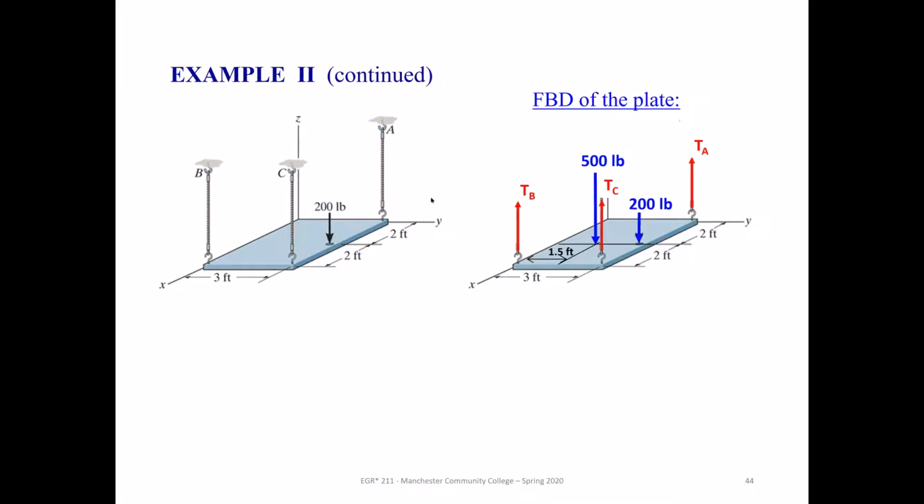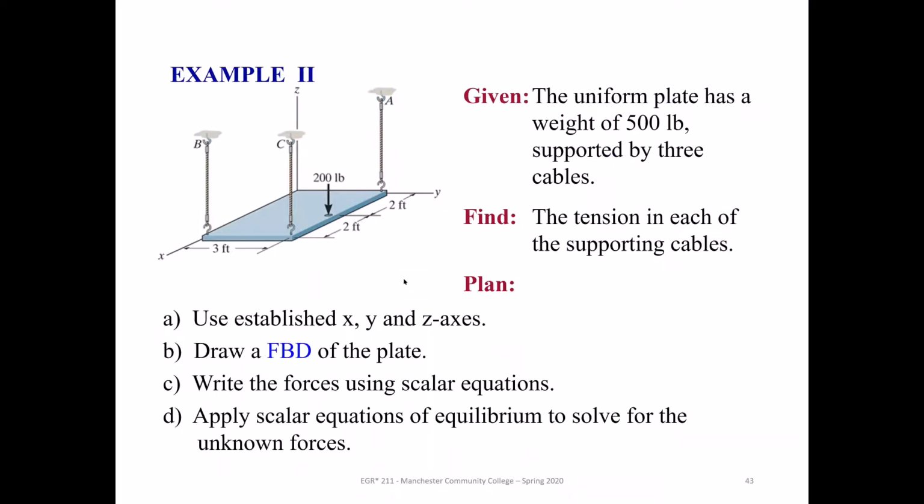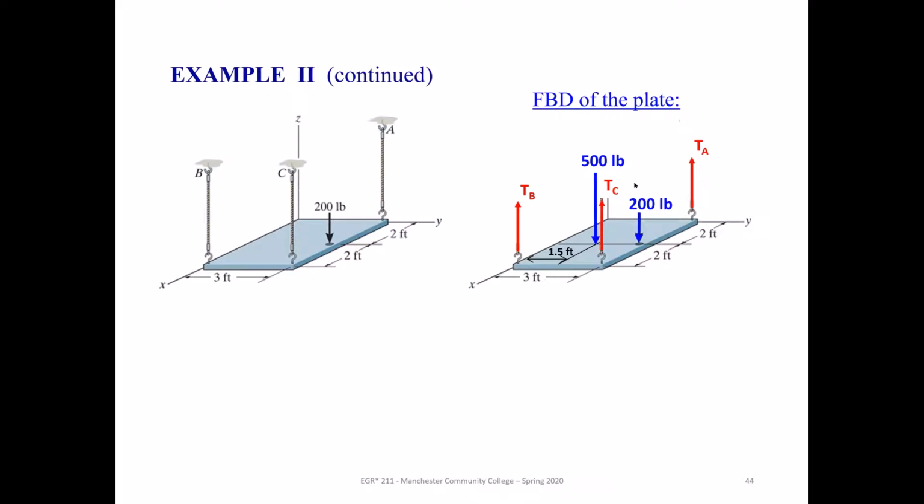Okay. So from the free body diagram of the plate, sorry, I forgot one part here. The plate weighs 500 pounds, so we need to put that at the center of mass of this plate, the center point or center of area. It comes out to be the same, okay? So we draw that in. So we have the force acting down due to the weight and another force acting down, and then we have those 3 tensions, okay?